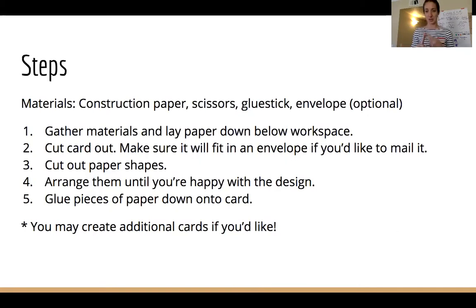So you'll need construction paper, scissors, a glue stick. You'll need one larger piece of paper. It can be plain white paper or construction paper. And if you'd like to mail your card, which is optional, then you'll need an envelope.